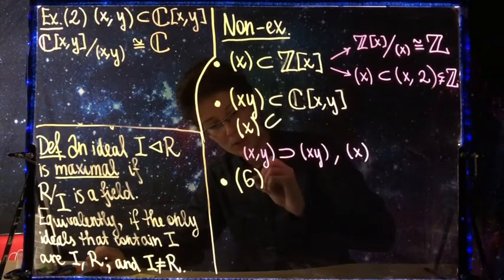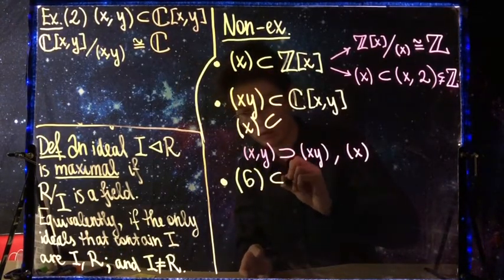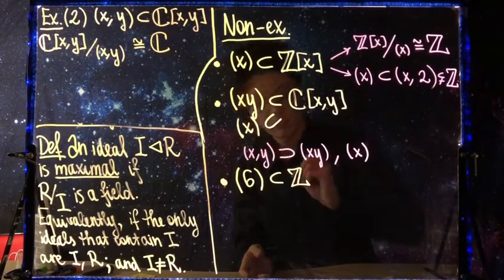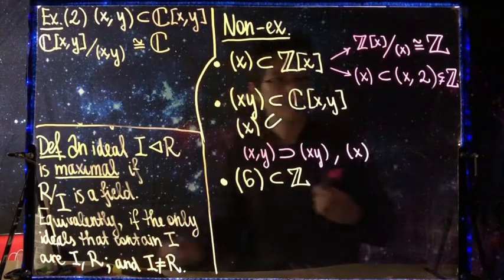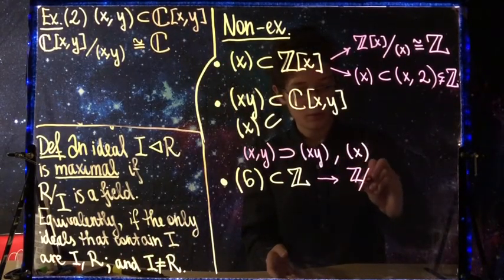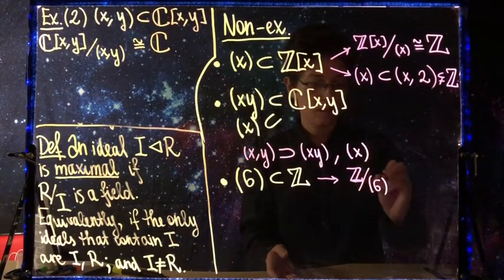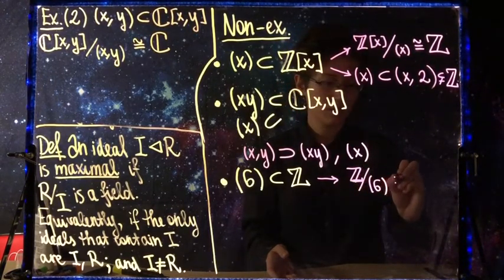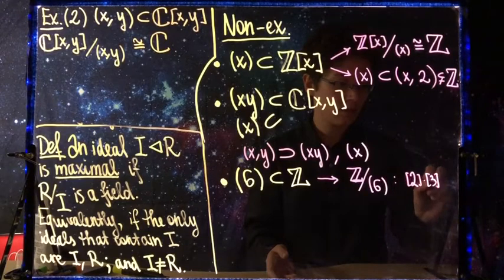And also the principal ideal generated by 6 inside Z is not maximal because, first, the quotient Z mod 6 is not a field. For example, we can multiply 2 by 3 to get 0.